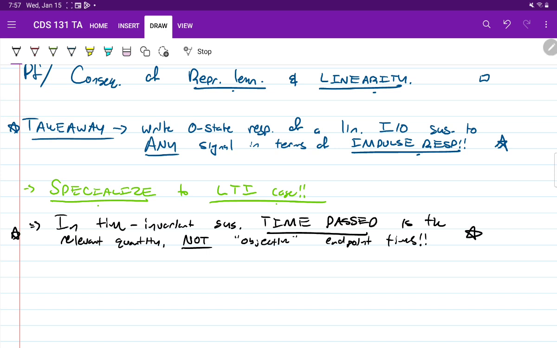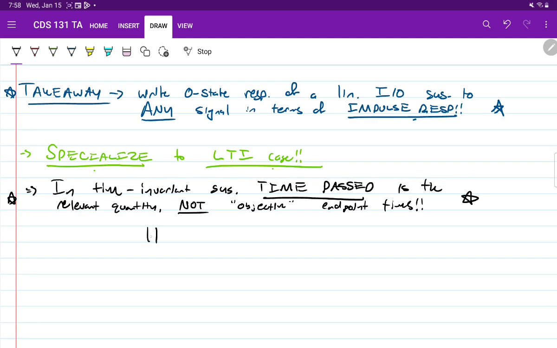So what should we expect this to mean in the context of the impulse response map? Well, if I have an impulse response map and I compute it at times k and k naught, the impulse response from time k to k naught should be the same as the impulse response over the difference between times k and k naught.